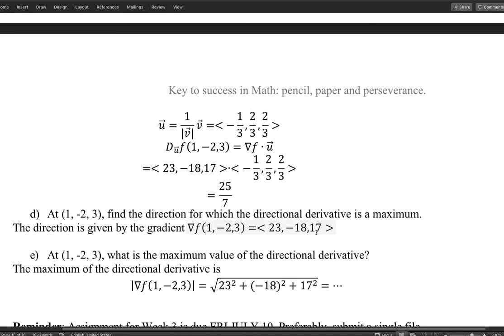I did not do anything. That's all about how you understand the question and how you understand the gradient. Gradient is a vector. It's pointing to a direction, and also it has a magnitude. So certainly the direction with the maximum rate of change, maximum derivative, is given by the gradient.